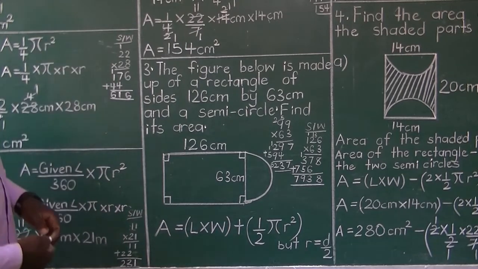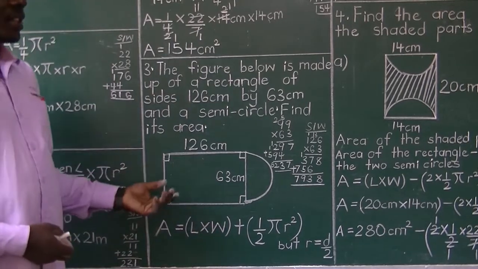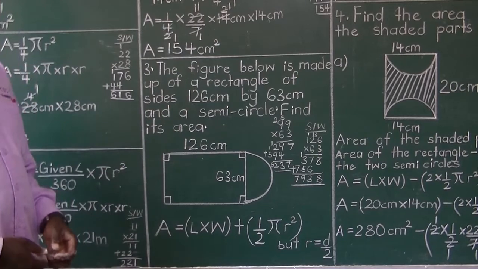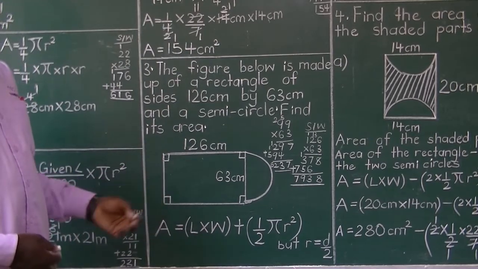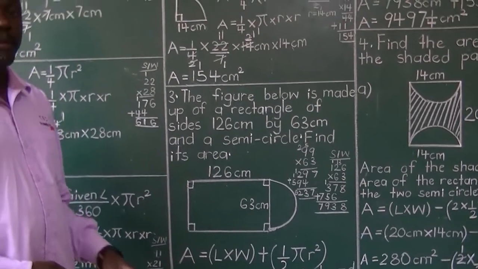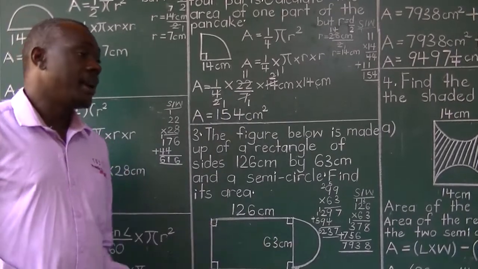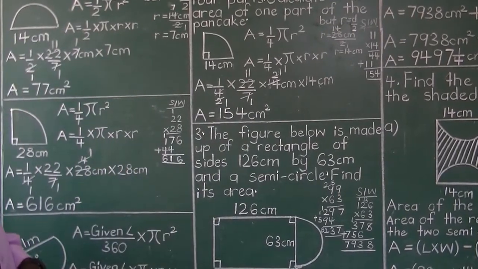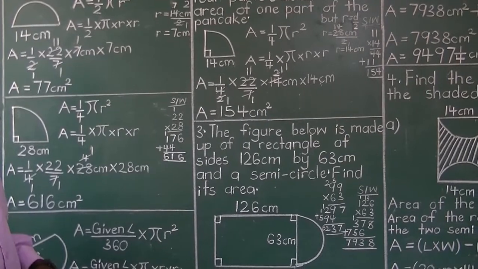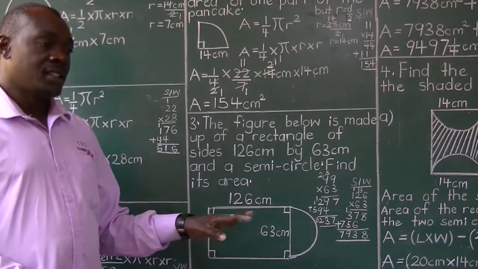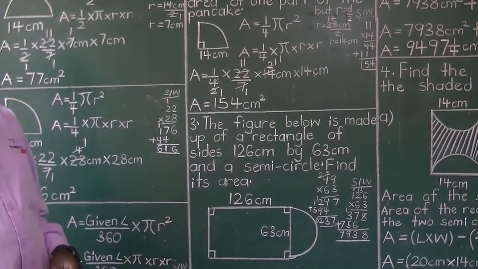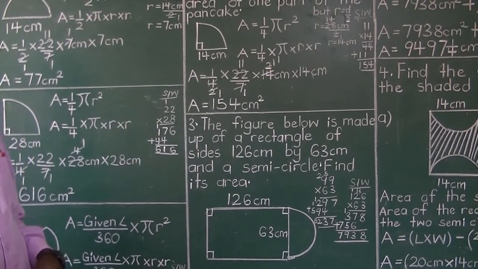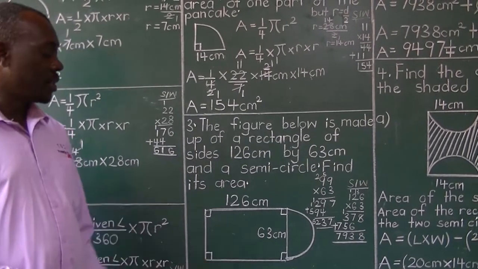As you see here, and as described, we are finding the area of combined shapes. That's the rectangle combined with a semicircle. Therefore, the area of the whole figure is got by combining, which is explained by the plus sign of addition.